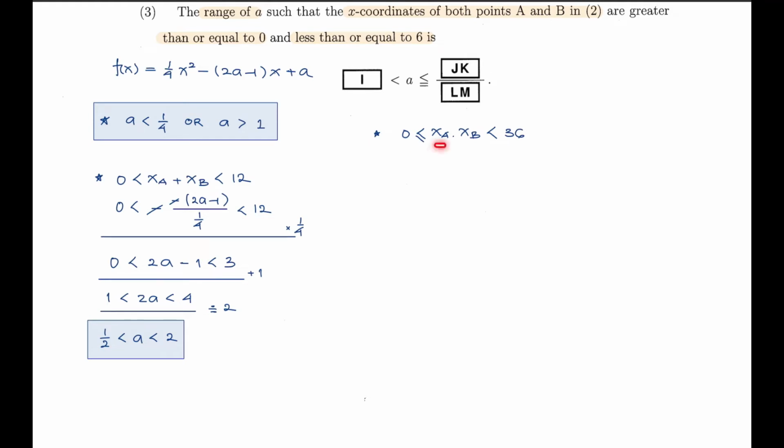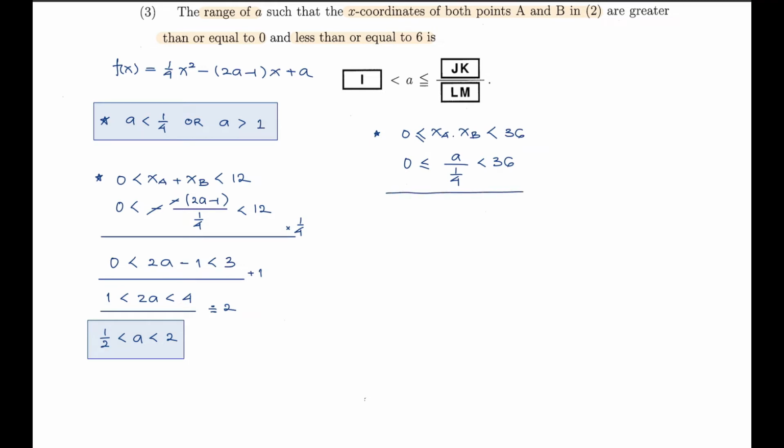And then what is xa times xb? Once again, by using Vieta's formula, xa times xb is c over a. So 0 less than or equal to a over 1/4, that is c over a, less than 36.